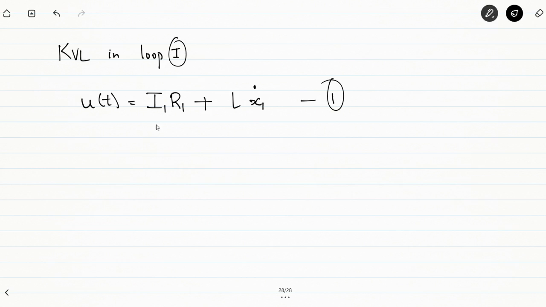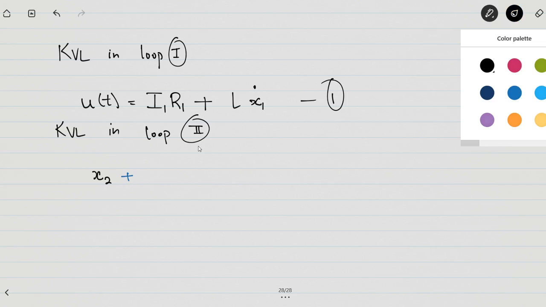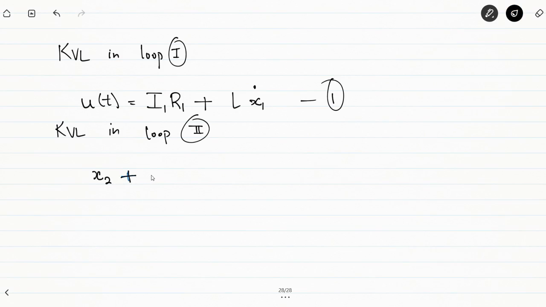Similarly, KVL in loop 2. By applying the KVL in loop 2, you have the voltage across the capacitor, that's actually x2, plus voltage across the resistor R2, that's I2 R2, minus L1 dx1 by dt, x1 dot, is equal to 0.